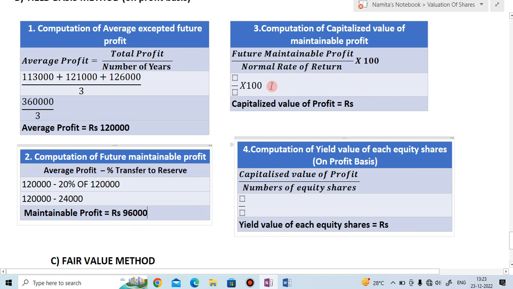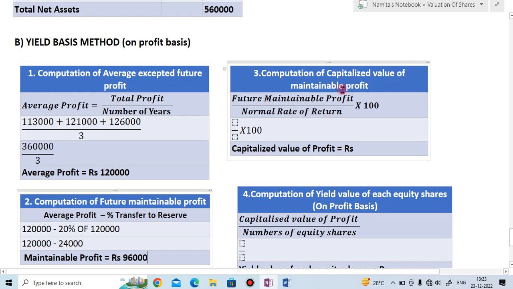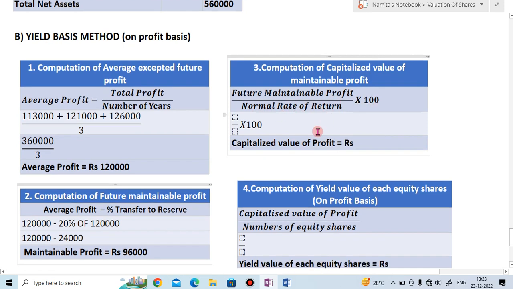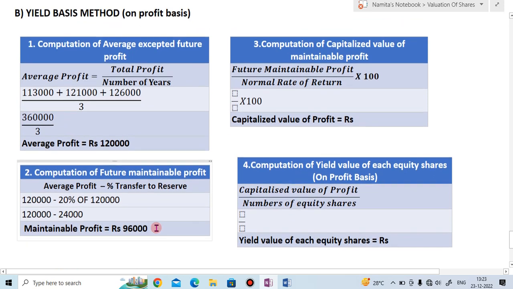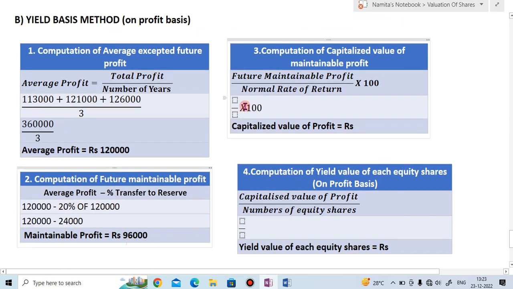Now step number 3. Step number 3 is what? Computation of capitalized value of maintainable profit. So the formula is: future maintainable profit divided by normal rate of return multiplied by 100. Now future maintainable profit, how much did we get? 96,000. Divided by what?